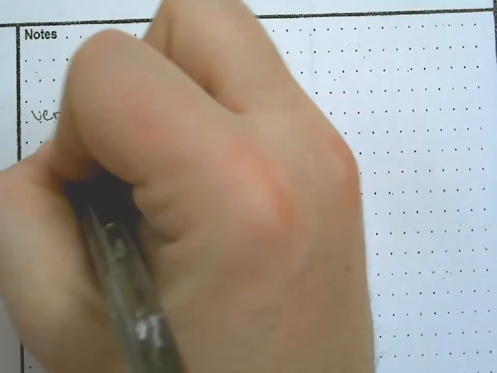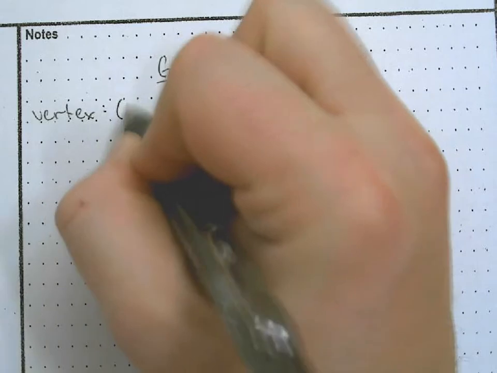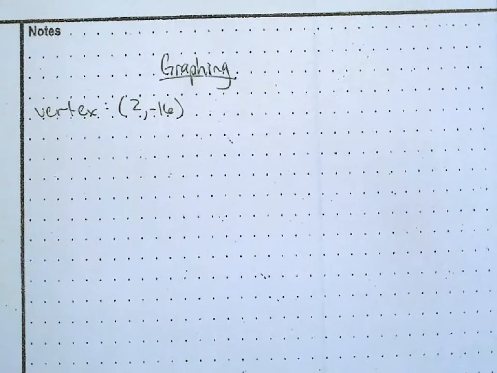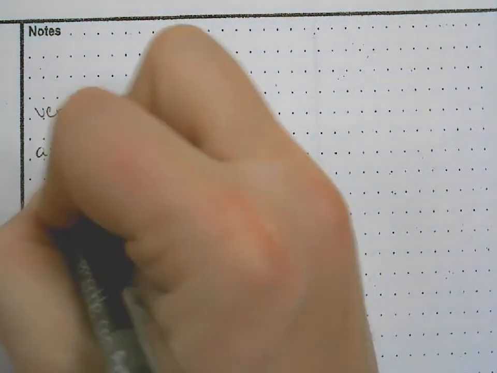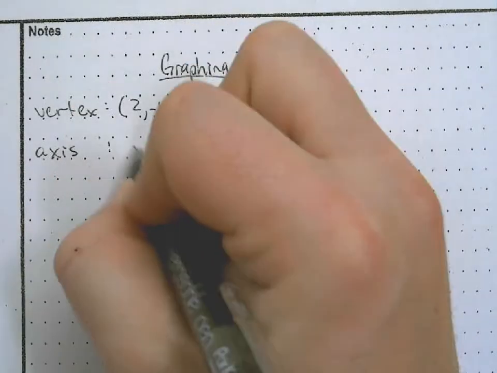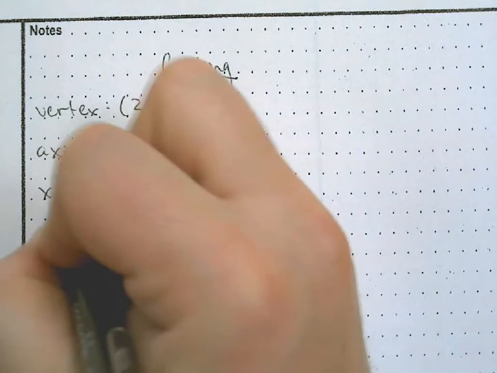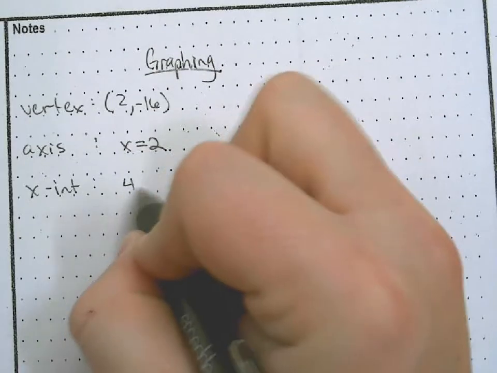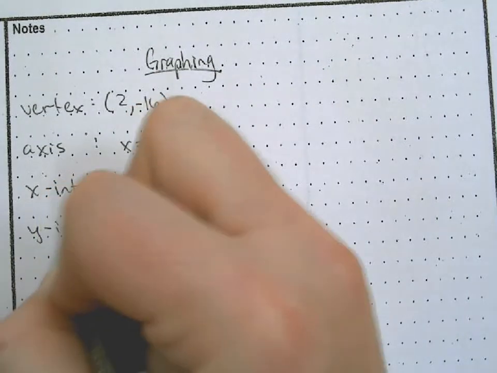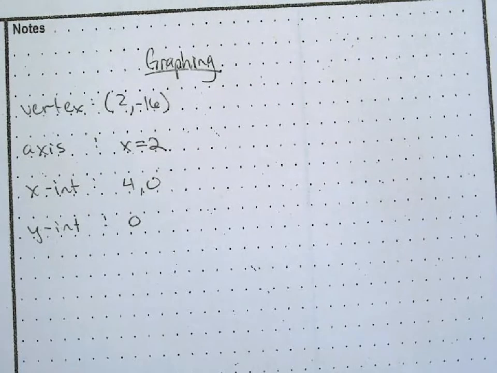So I have my vertex is 2 comma negative 16. My axis of symmetry is x equals 2. My x-intercepts are 4 comma 0, and my y-intercept is 0.